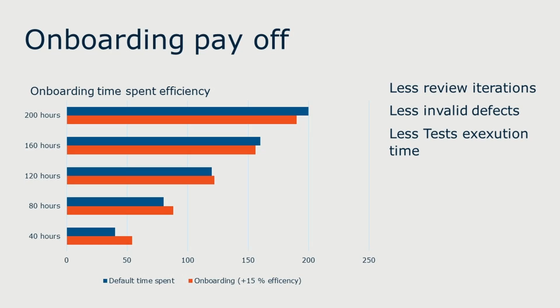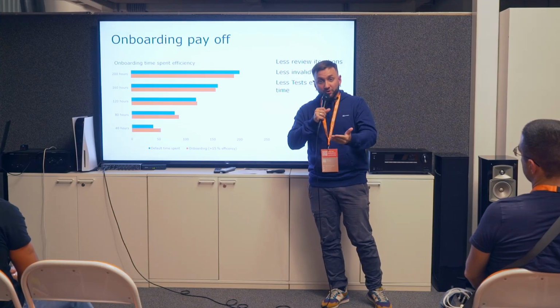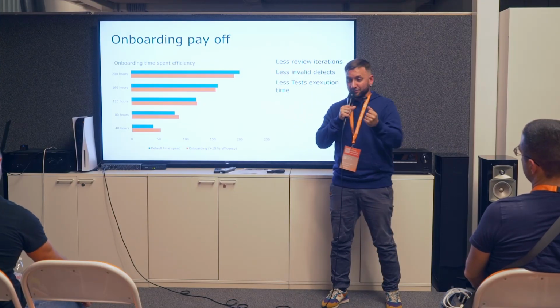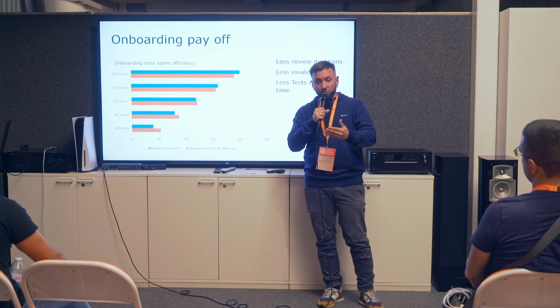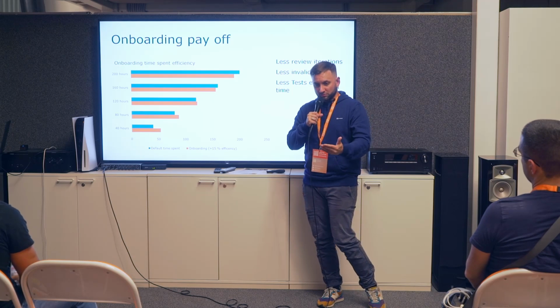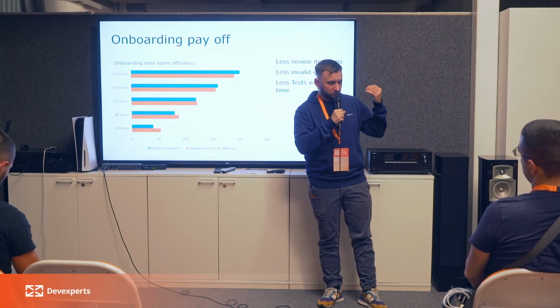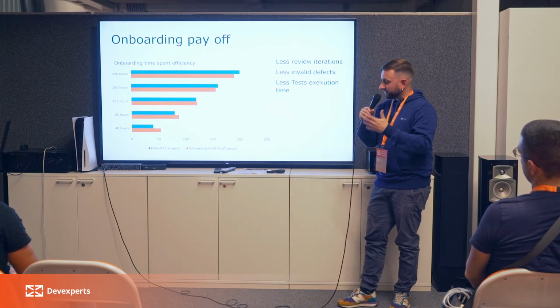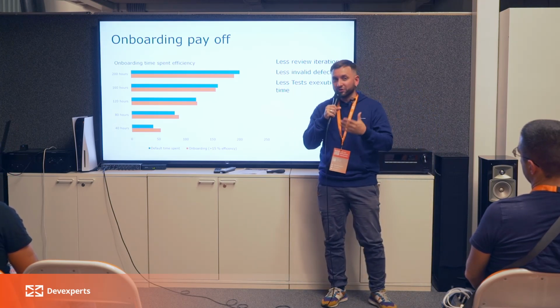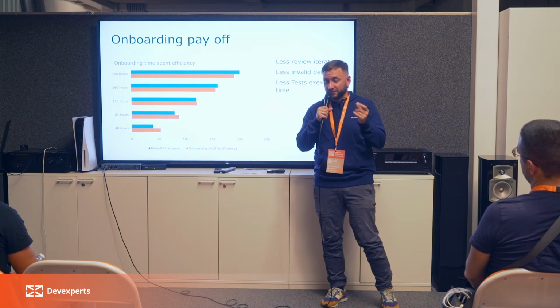And another chart, of course, about 8 hours. It's not really easy to calculate onboarding efficiency. But let's say during onboarding, your newcomer can read your testing policies, for example, can check how you want tests to be written, the required test structure, how to create a defect report, how to ensure that it's a valid defect report.